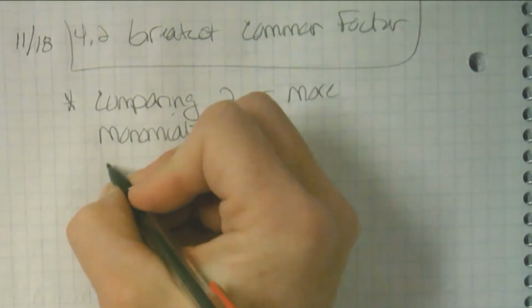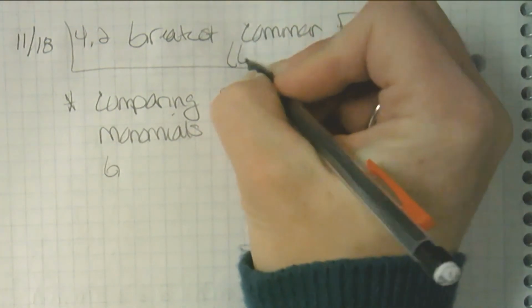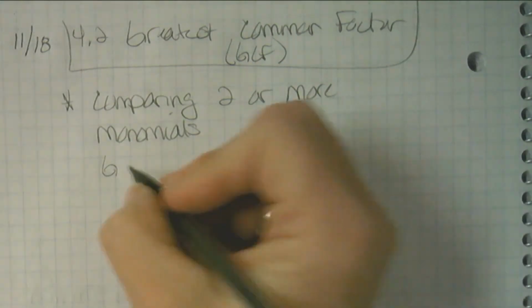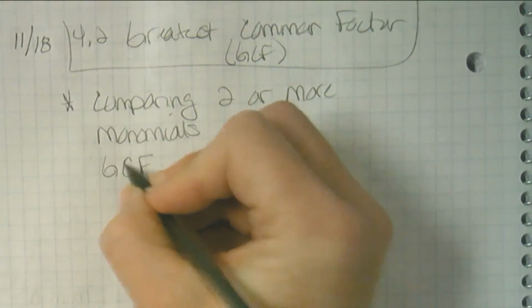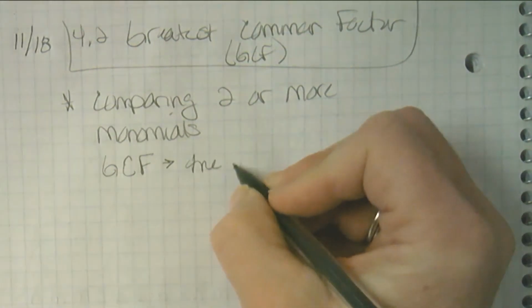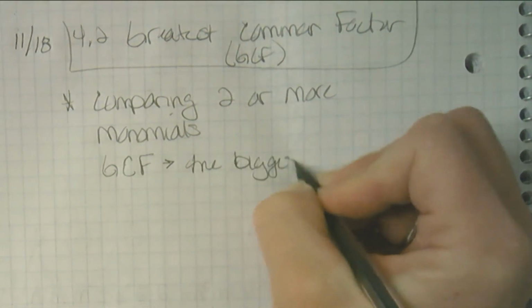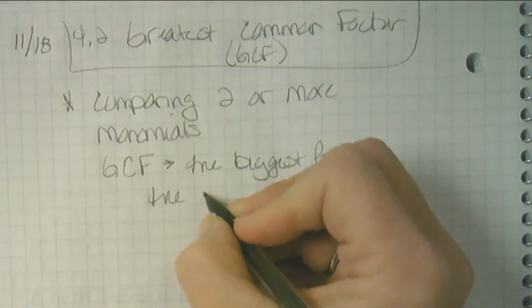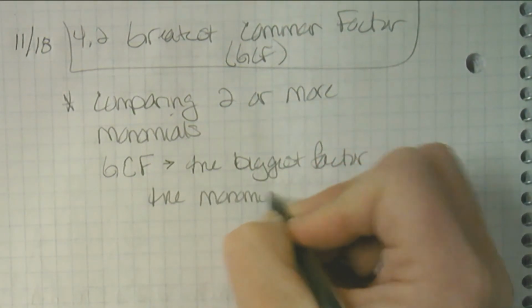GCF is the abbreviation for that. So GCF is exactly what it sounds like. It is the biggest factor the monomials have in common.